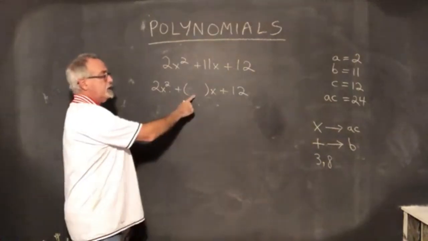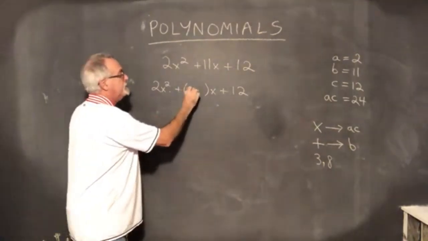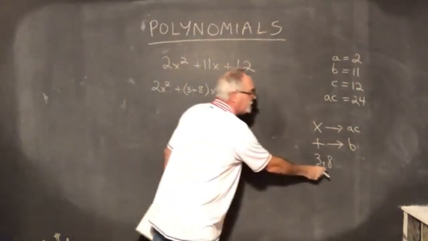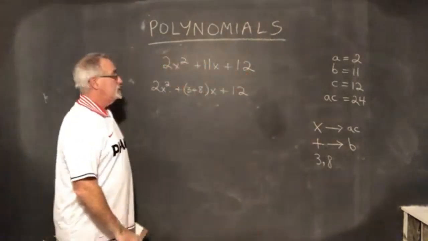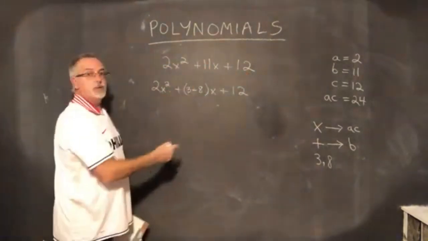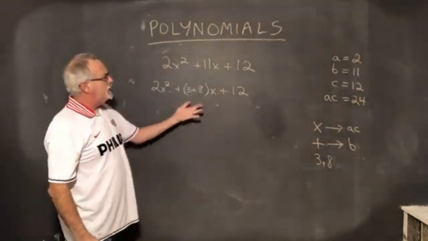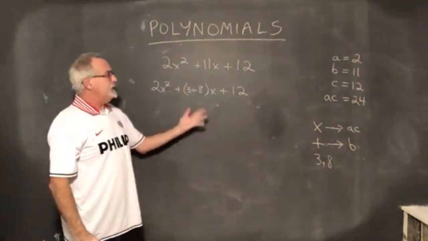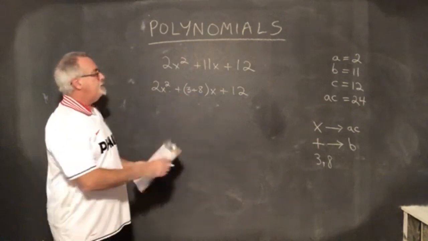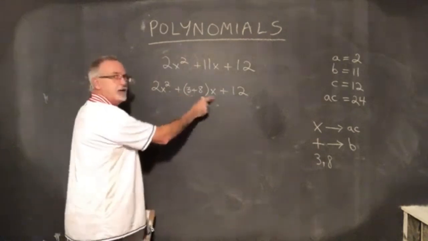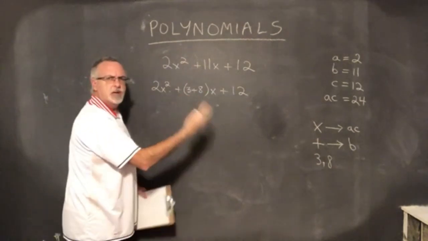And then inside the bracket, I have to put 3 plus 8, those two numbers that were my answer. 3 plus 8 instead of 11. Because of course, 3 plus 8 is 11. So when you look at this, you realize I haven't really changed this. It's still 11. But then I can do the distribution thing. Is this distribution backwards?